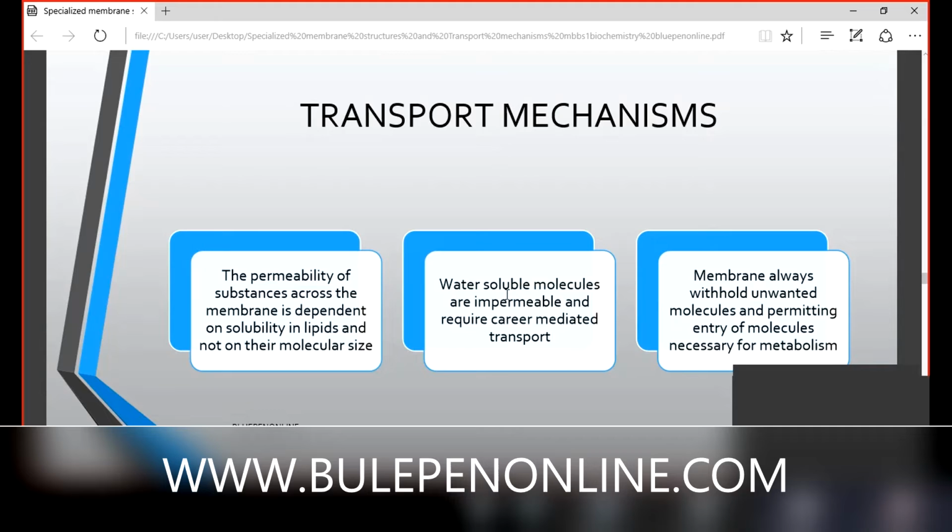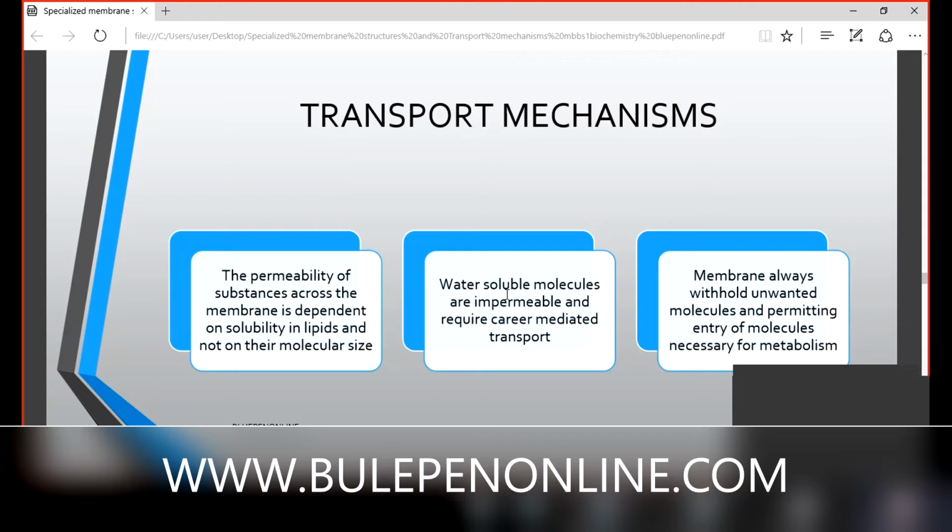We are very familiar, but now in biochemistry, clear-cut knowledge is essential for the transport mechanism, because all our metabolic pathways are based on this transport mechanism. The permeability of substances across the membrane depends on the solubility in lipids and not on their molecular size.